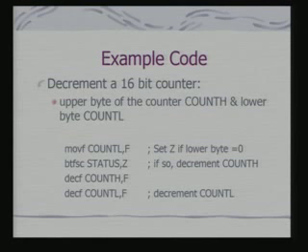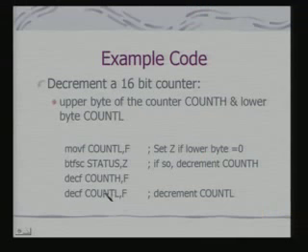One I am calling count H and another I am calling count L. And I am decrementing count H, count L, and here I am checking if count L is 0. Okay, and what are we checking for?